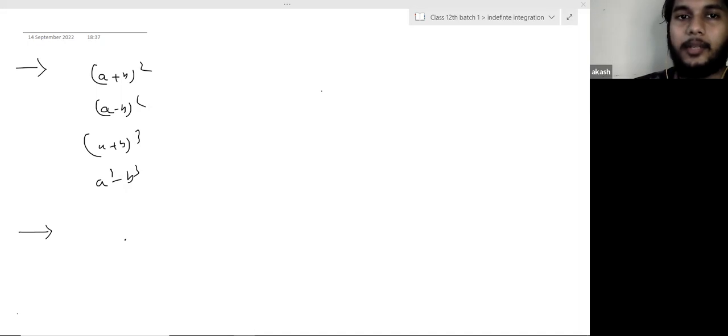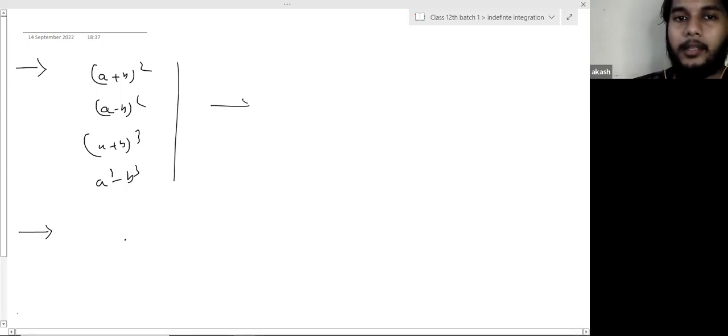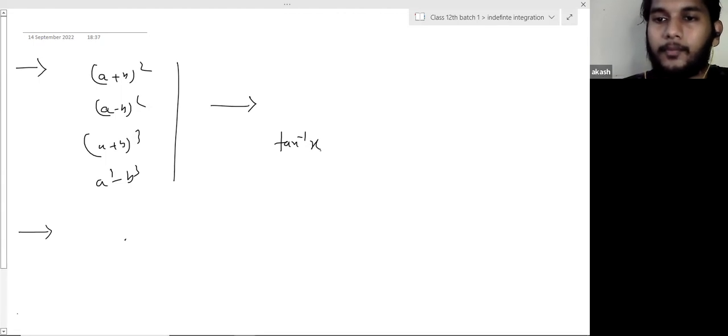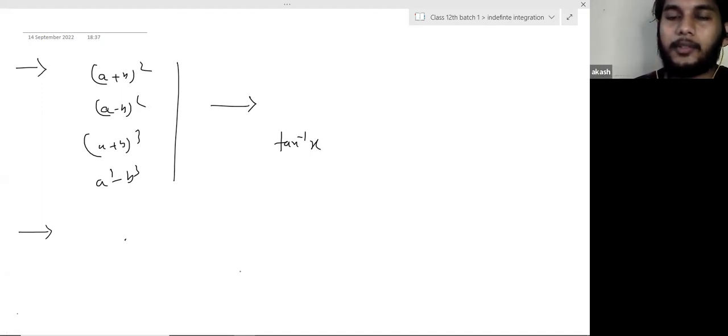Second advice, or second note: the faster you are able to differentiate things, the faster you will be able to solve integration questions. What I mean by this? Ishan, can you tell me the differentiation of tan inverse x? Shikani, what is the differentiation of tan inverse x?